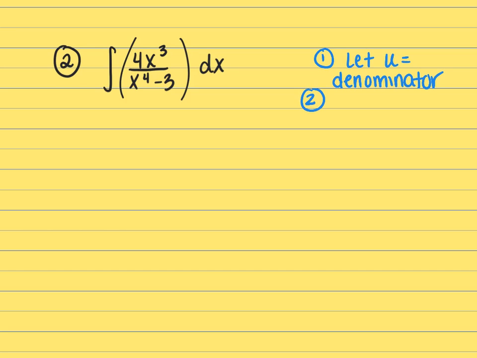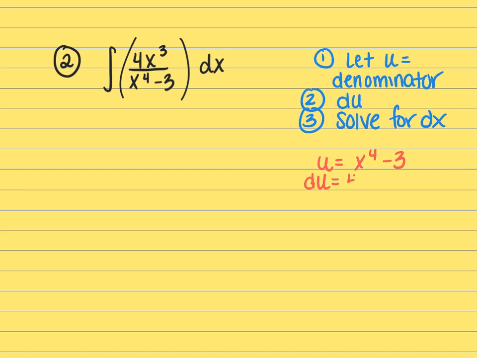Step 2, same as before, we're going to find du. And step 3, we're going to solve for dx. So, if I follow those directions, I'm going to let u equal the denominator. So the denominator is x to the fourth minus 3. I'm going to take the derivative, so du.